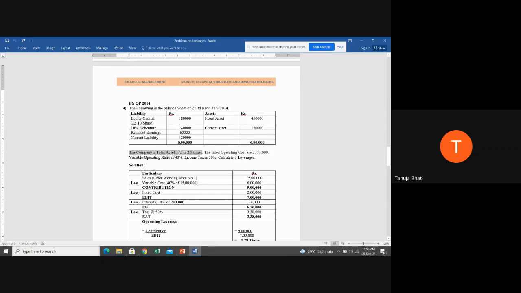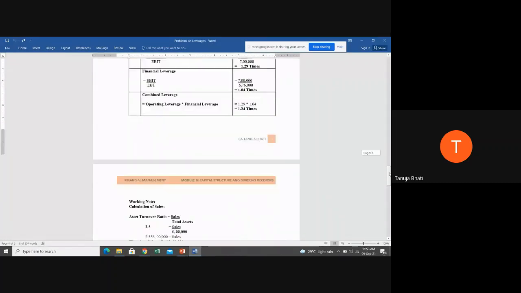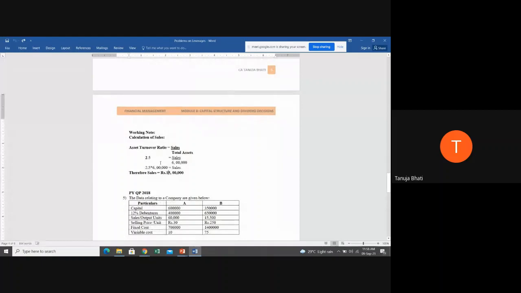So what is the formula for total asset turnover ratio? It is nothing but sales divided by total assets, and turnover is nothing but your sales. Okay, so we do a working where we are going to find out the sales figure. So let us move ahead to the working.